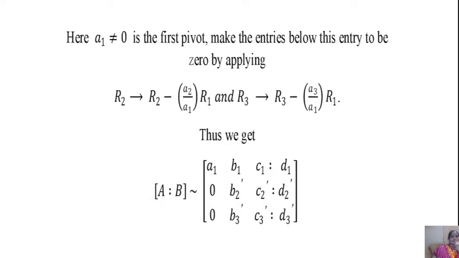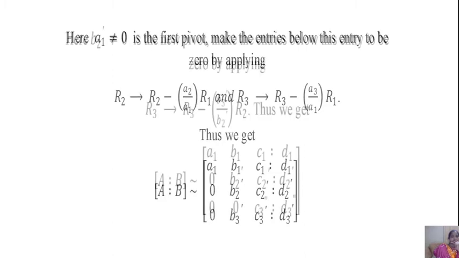If a1 is not equal to 0, then the entries below it, that is in R2 and R3, we make them 0 by applying the row operations, and we get the augmented matrix where the first row remains the same, a1, b1, c1 colon d1, and the second row's first element and the third row's first element turn out to be 0.